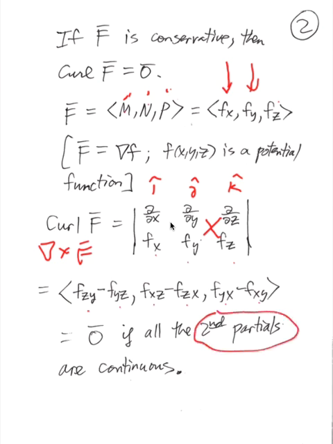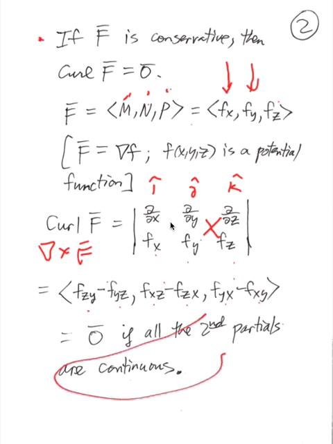Remember, we had the mixed partials theorem. If those are continuous, then these are all going to be what? 0, because it doesn't matter what order we take our second partials in, right? Okay, so there we prove this statement, at least under the continuity of the second partials there.